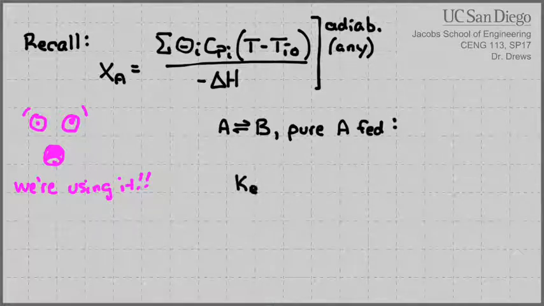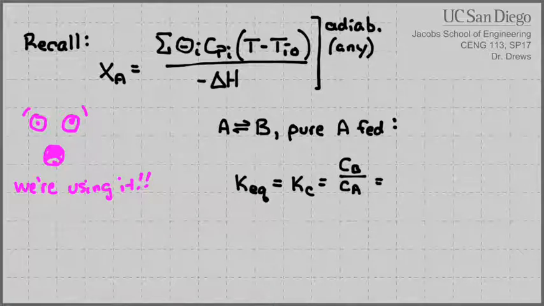It works for anything. So K_EQ, which is our equilibrium constant, is going to be equal to K_C, which is C_B over C_A. And in terms of conversion, this is the conversion of A over 1 minus the conversion of A.